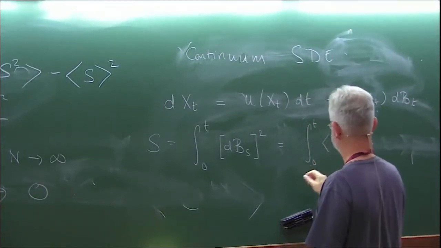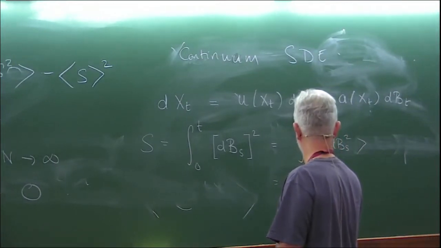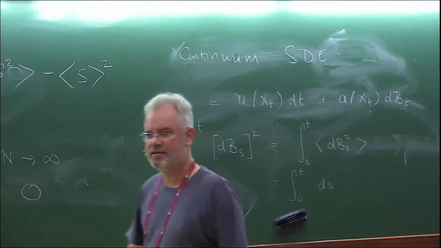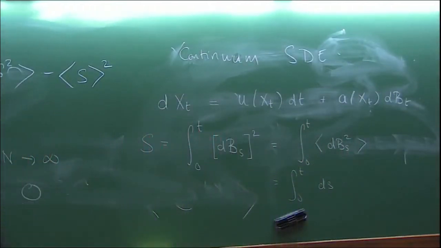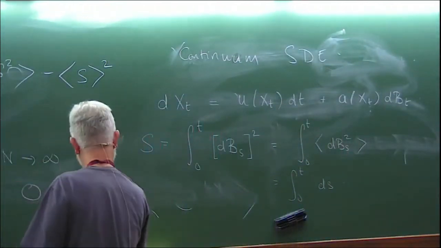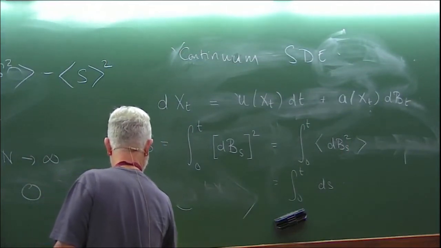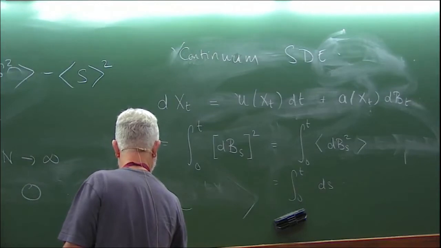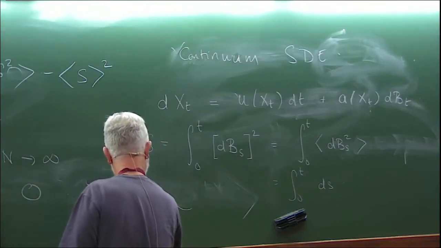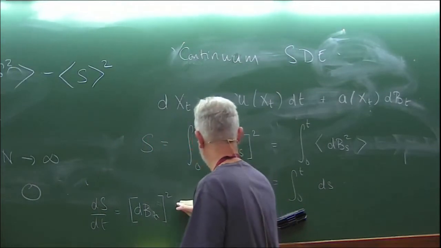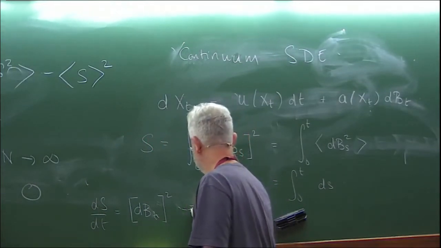And dB_s squared is just equal to ds. So if I take the derivative of that, dS by dt, that's equal to dB_t squared. This is just dB times dB, I'm just using this notation, and that's just equal to dt.